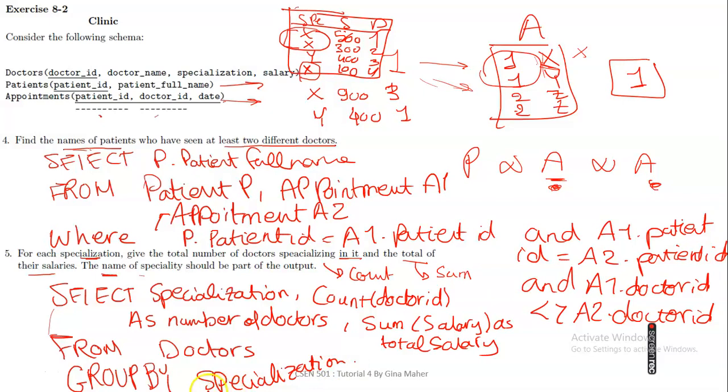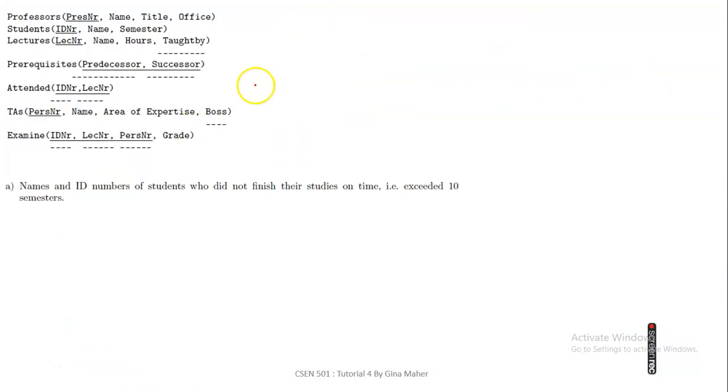Okay, let's move to another example. Now we have a relational schema of professor, students, lectures, prerequisites, attended, TAs, exam.